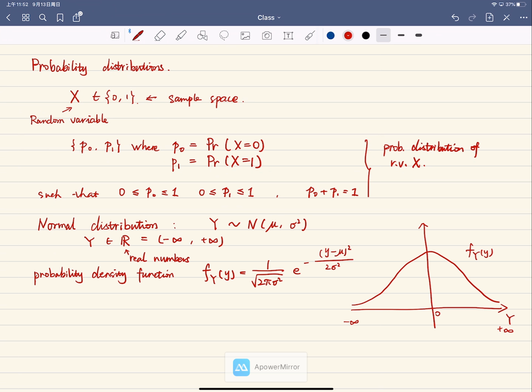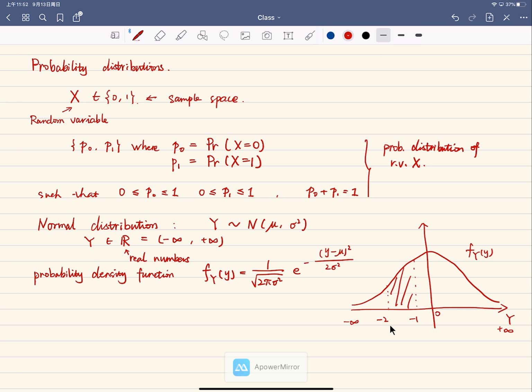The meaning of probability density function basically tells you the area under the probability density function, say for example, between -2 to -1.